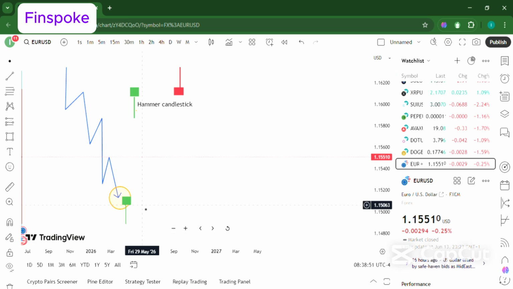So this is a possible reversal to the upside. When you see this at the key level, the possible reversal is to the upside. That means the price will start to appreciate because the buyers get into the market.